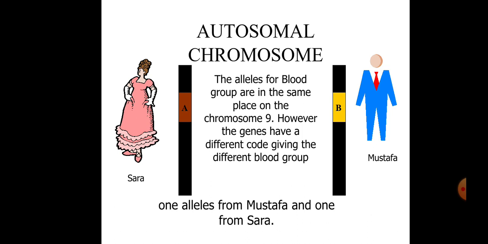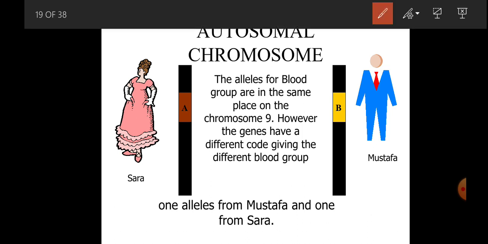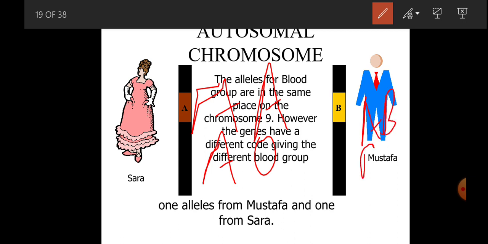Their kids can be either blood group AB, they can also produce A or even O, because Sarah could be purely AA or A and O. Mustafa could be AB or could be BO or could be also BB. So their kids can inherit the O. They can also inherit both the A's.